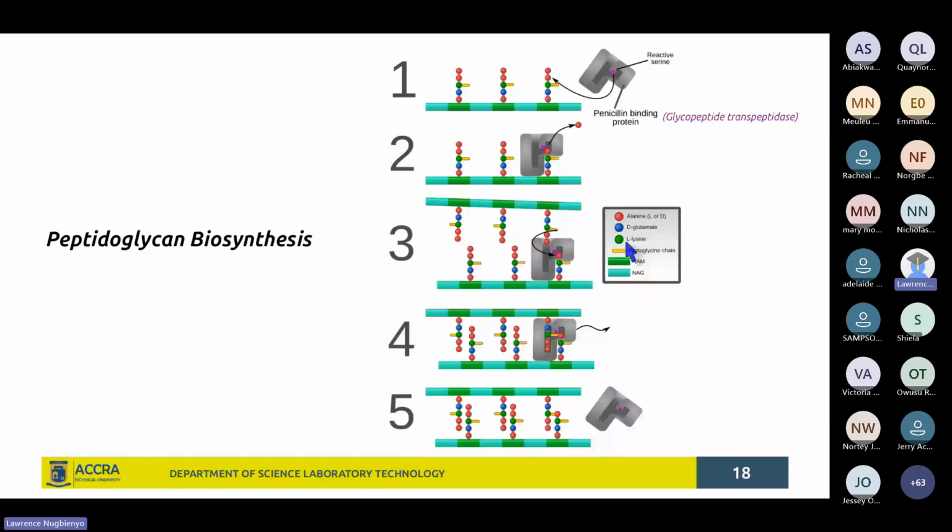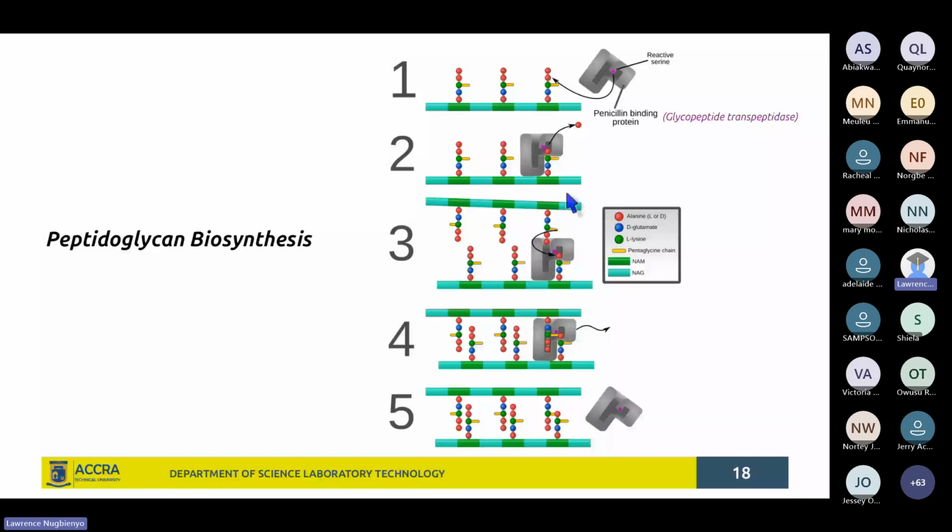This is just to show that it is these amino acids that bind together to form the tetrapeptide on the glycan, this N-acetylglucosamine, N-acetylmuramic acid, which will then bind.